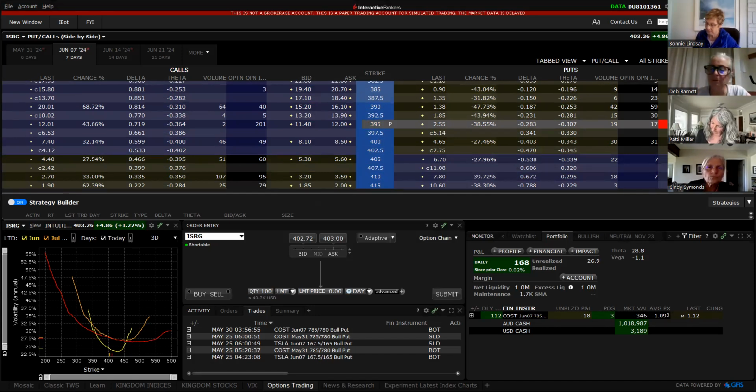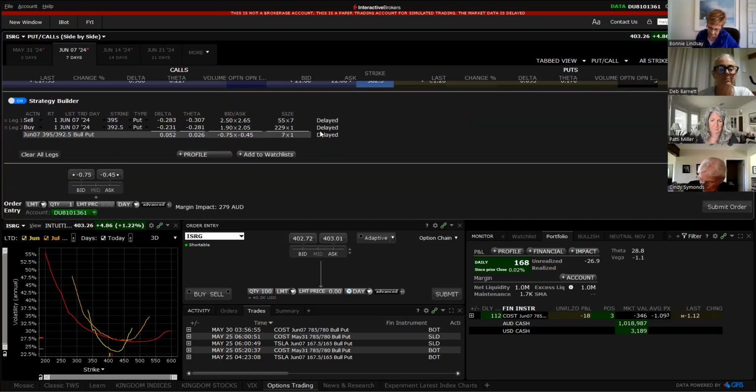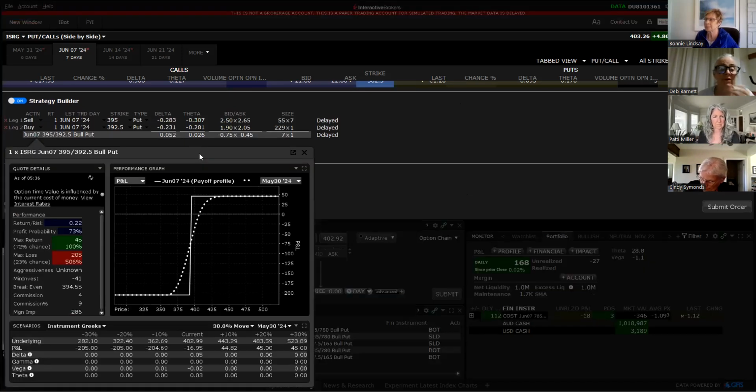Okay, so clicking bid, going up to do the ask. So I got 2.50 and 2.05. So that's again a 45 cent difference. So we go to strategy builder to get the probability. 73%.